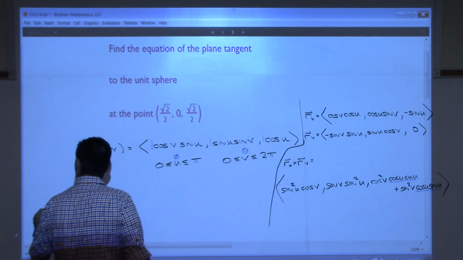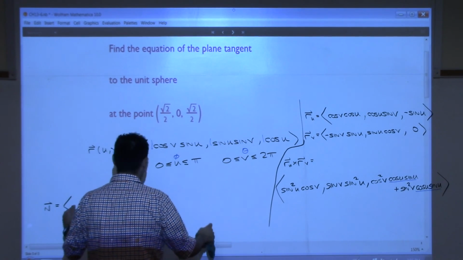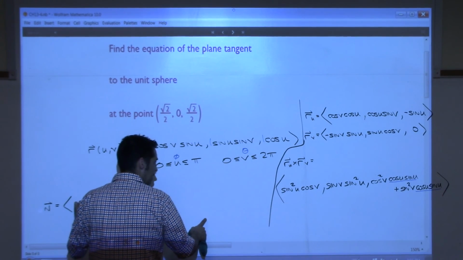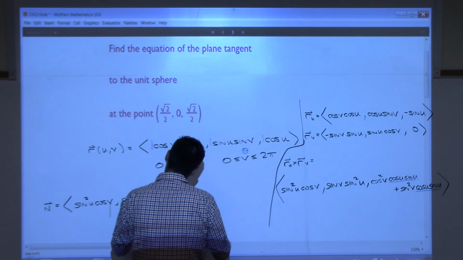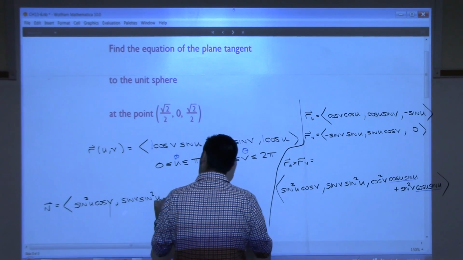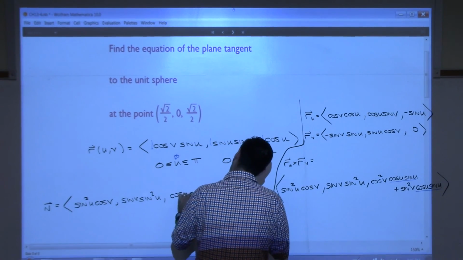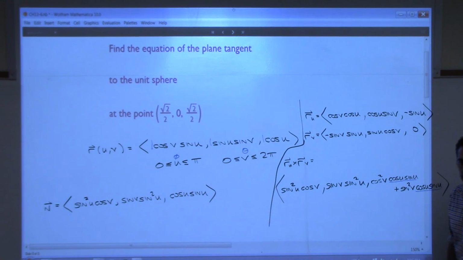My normal vector is going to be sine squared u cosine v, sine v sine squared u, and then cosine u sine u. That's what a normal vector will look like. You all good?